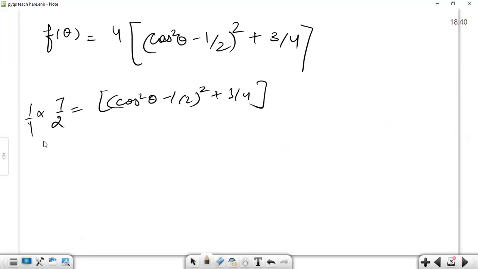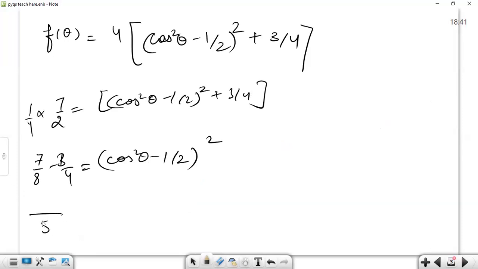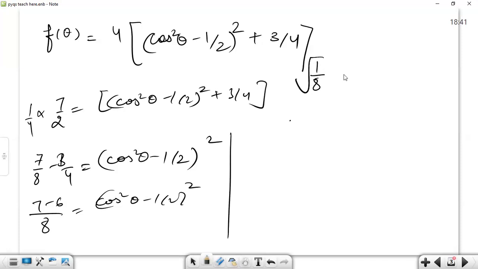Now 3 by 4 will go this side and it will become 7 by 8 minus 3 by 4 is equal to cos square theta minus half whole square. This will become 7 minus 6 by 8, so 1 by 8 equals cos square theta minus half whole square. Now further, the square root of 1 by 8 equals cos square theta minus half. So 1 by 8 square root is simply 1 by 2 root 2, plus half is equal to cos square theta.